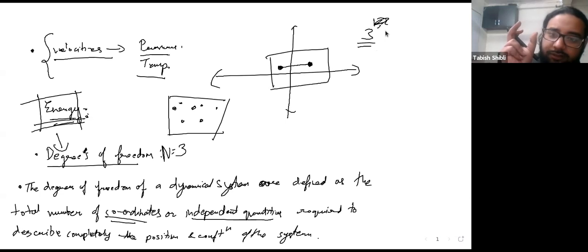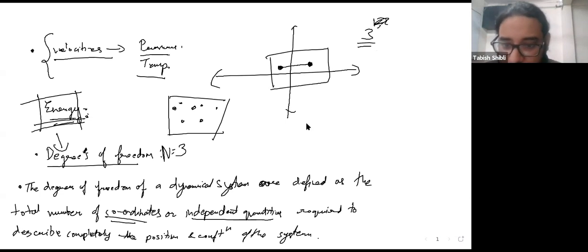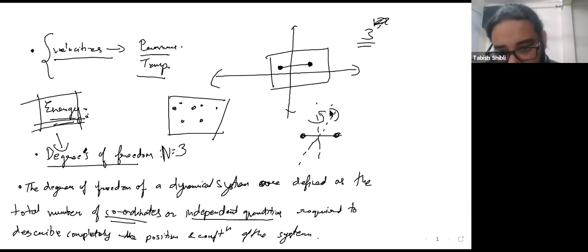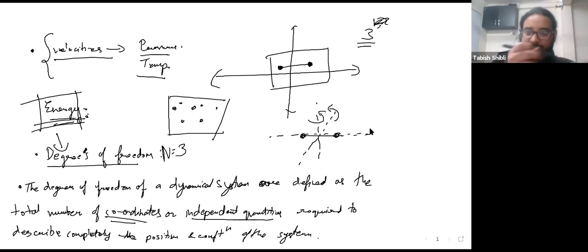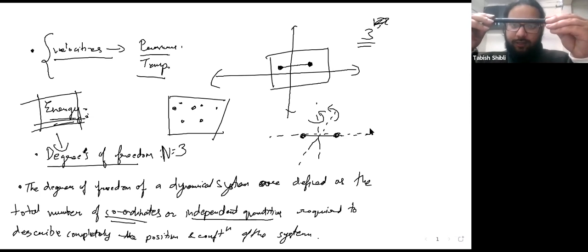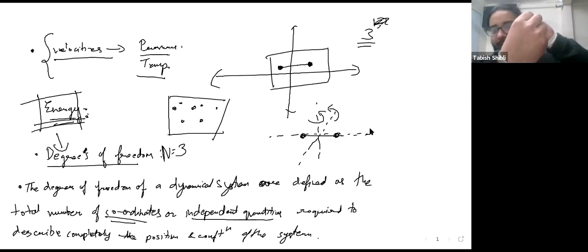But the diatomic molecule can rotate also, right? So the diatomic molecule can rotate about this axis, or it can rotate about this axis. Rotating about the third axis, which is essentially along the molecule, does not really make any sense, right? Because it's just a straight line.